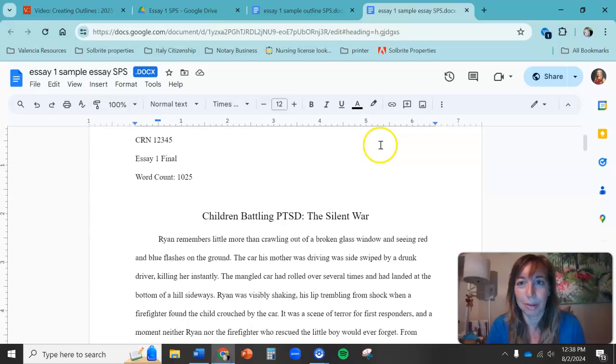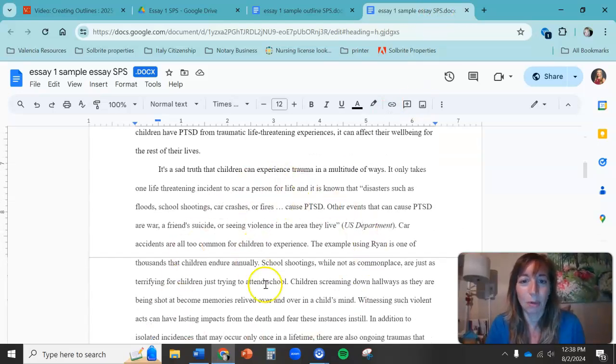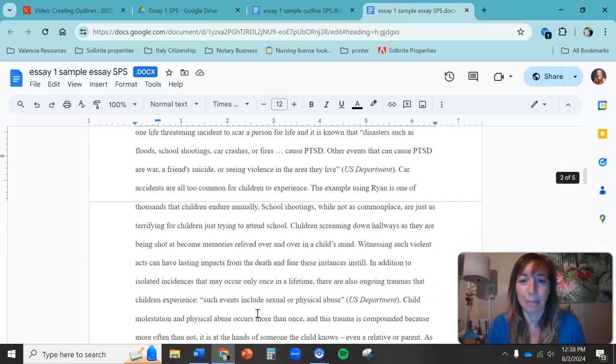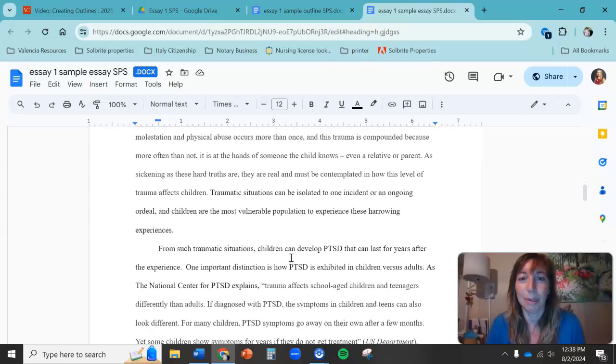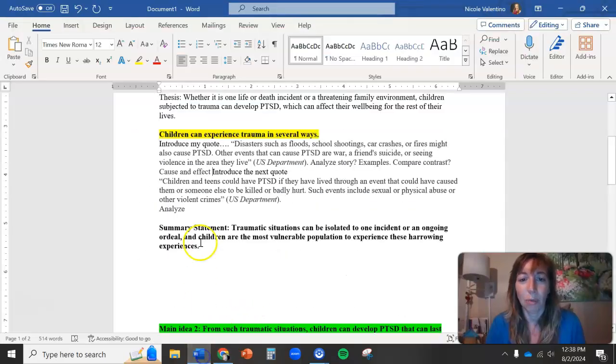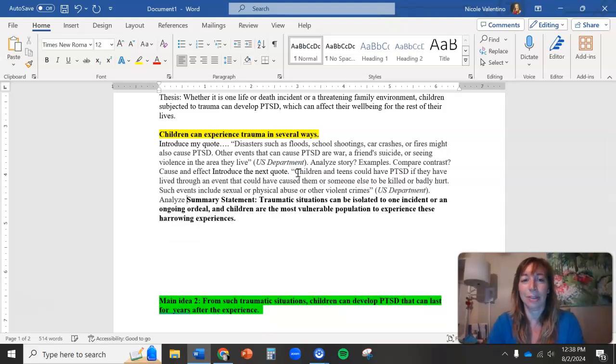I want to share with you what that might look like here. This is the same quotes, but you can look at the sample essay and see how that was created to build that paragraph around the quotes, using the cookie method of introducing and analyzing each quote.